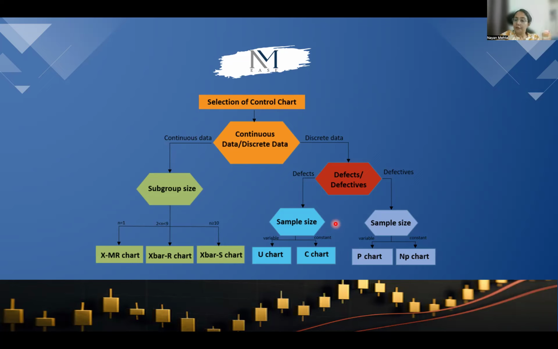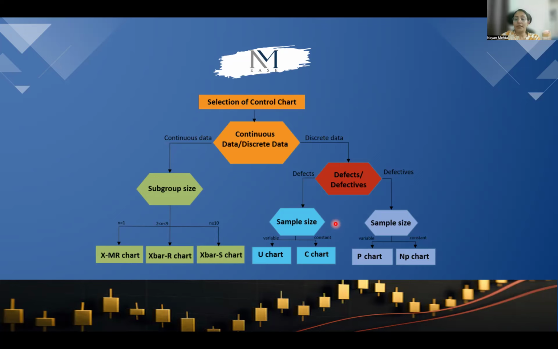Now, if the focus is on the total number of rejected bags, which are the defectives, regardless of how many separate flaws each bag has, then an NP or P chart will be used depending on the size. The difference between defect and defective: defects are individual flaws, defectives are rejected items.